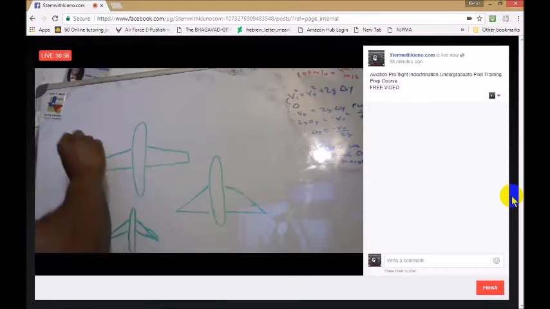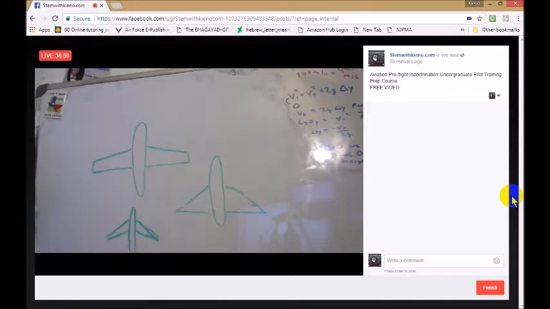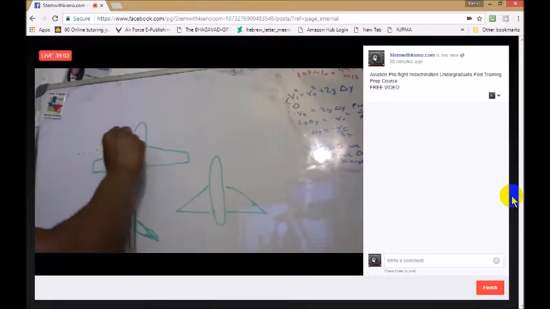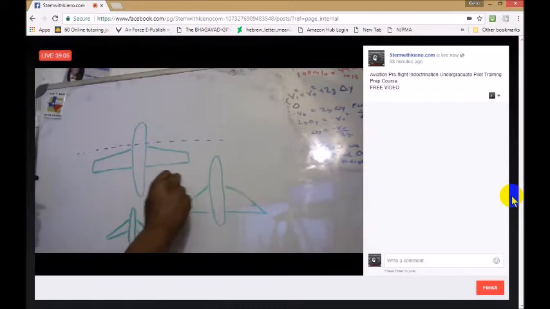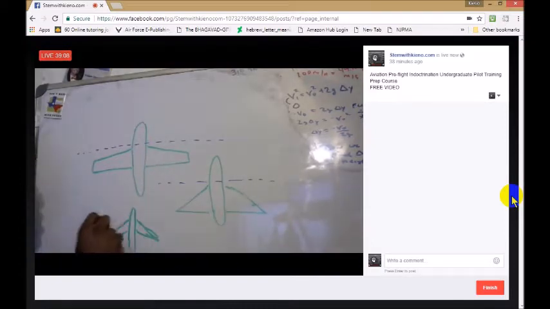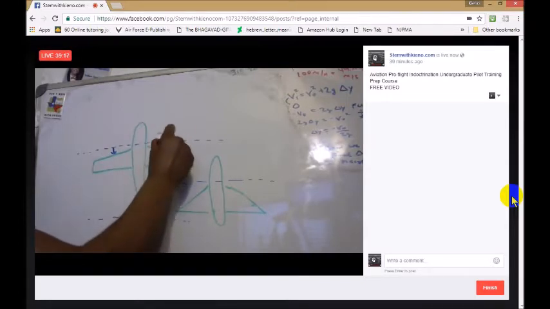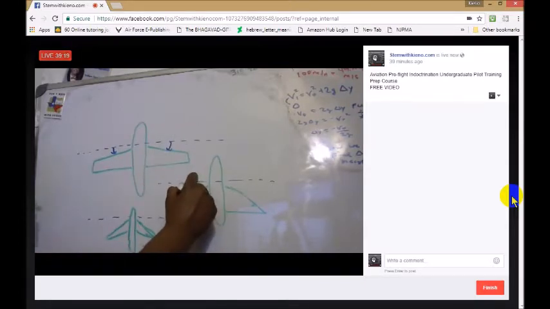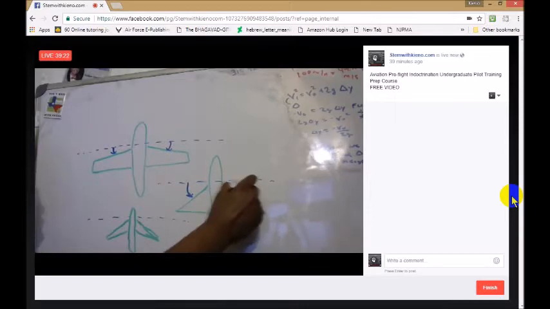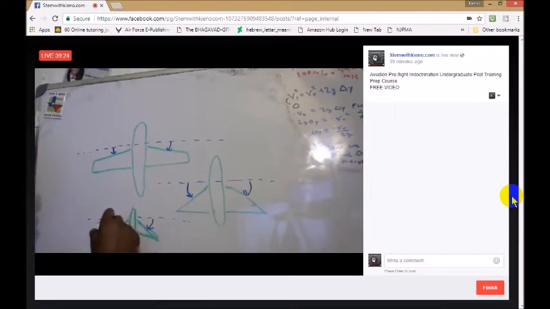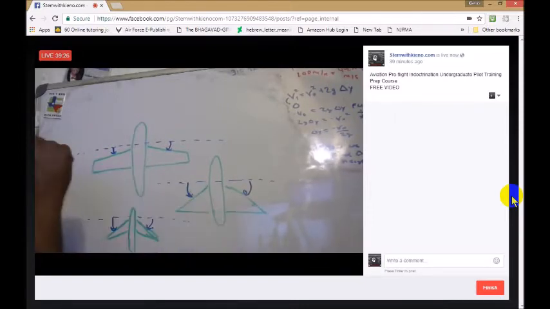Okay, so we're thinking in terms of the lateral axis. Here's a lateral axis on this airplane, here's a lateral axis on this airplane, and here's a lateral axis on this airplane. You can see the angles formed here and here in reference to the lateral axis. These angles are more pronounced in the swept back and delta wing configurations.